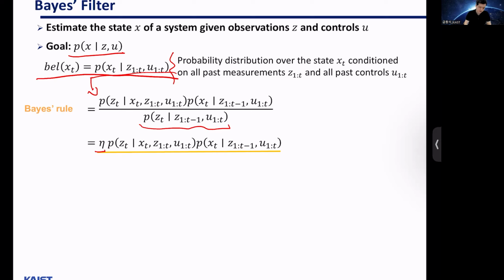So usually this value is going to be a constant, and you can think of that as a normalization term.